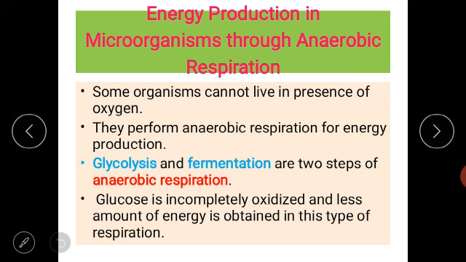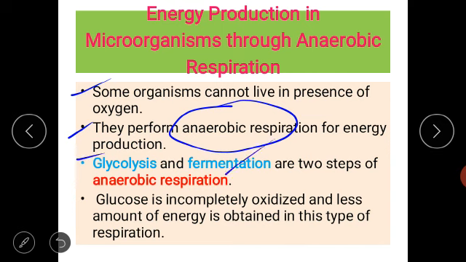Some organisms cannot live in presence of oxygen. They perform anaerobic respiration for energy production. Glycolysis and fermentation are the two steps of anaerobic respiration. First is glycolysis, second is fermentation.